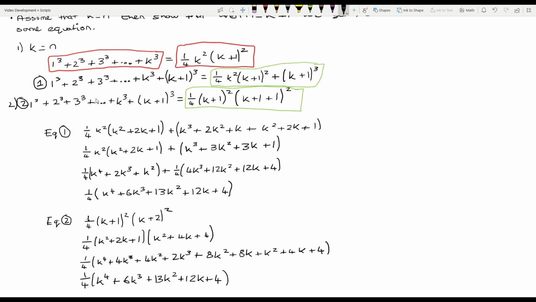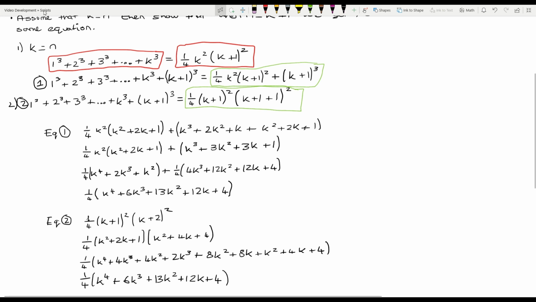And you can see that our equation 2 is now the same as equation 1. So a quarter times (k to the 4, 6k to the 3, 13k to the 2, 12k plus 4).